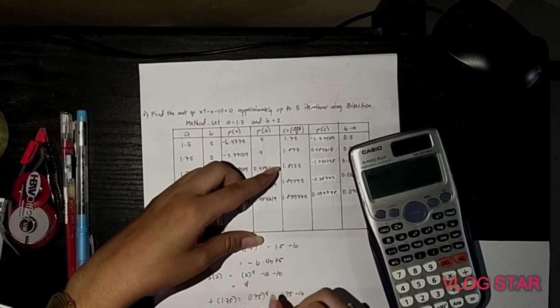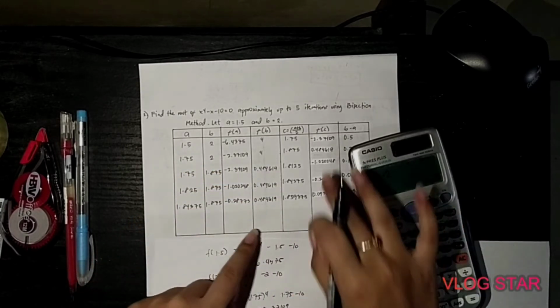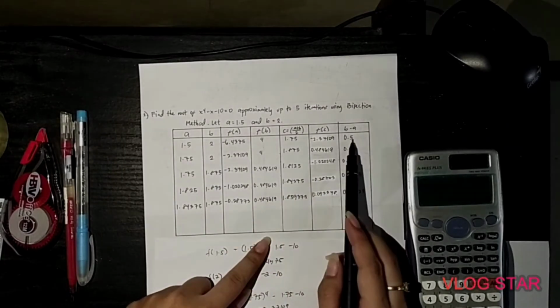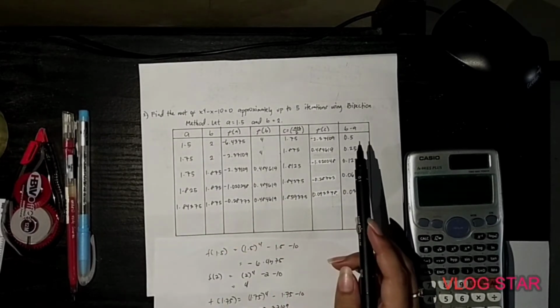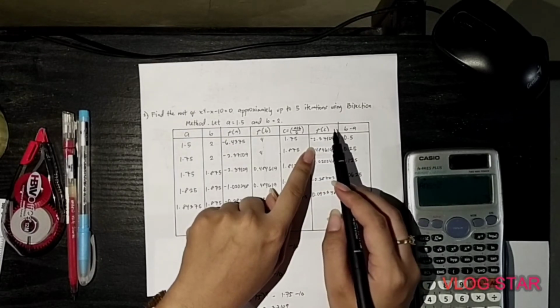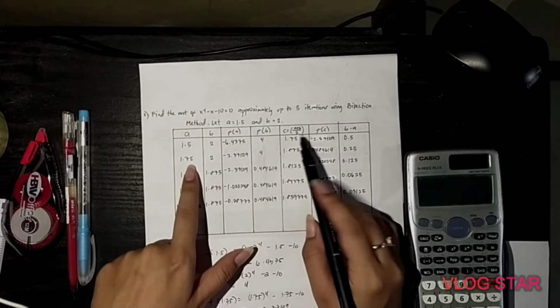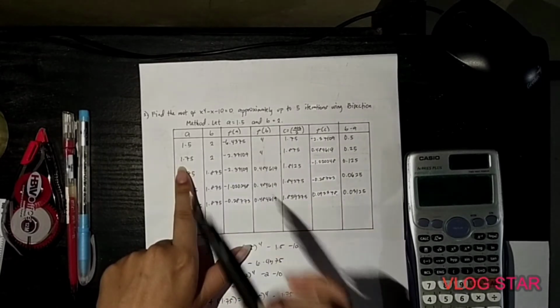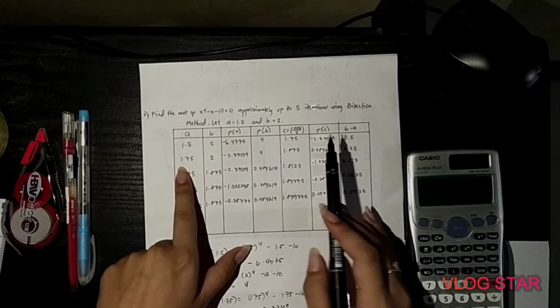This will result to negative 2.3719. And the difference between b and a will be 0.5. So now that we have the negative value of f of c, a will change to the value of c, this one, 1.75, and b will remain the same.